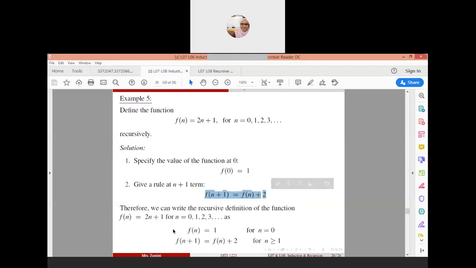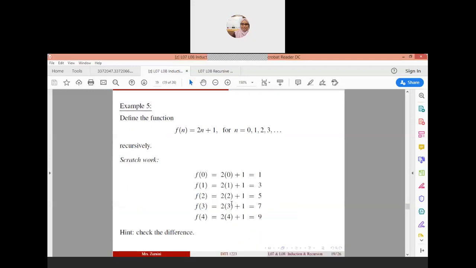So if we replace it again, we get these values. So we know that the recursive formula that we create is true. Okay, so this is example 5.